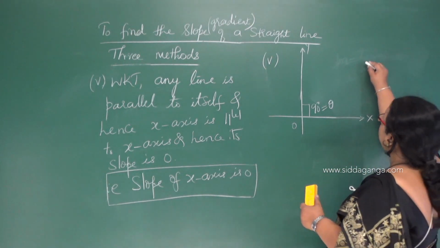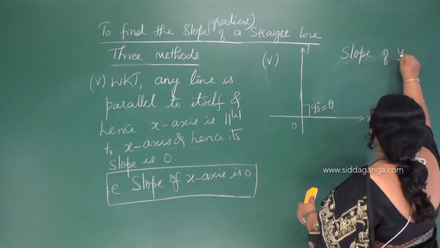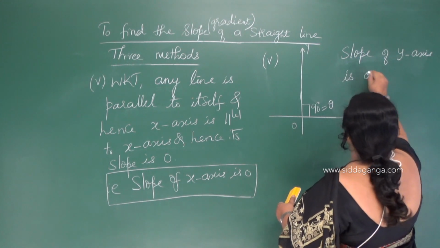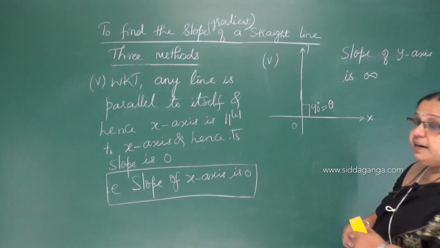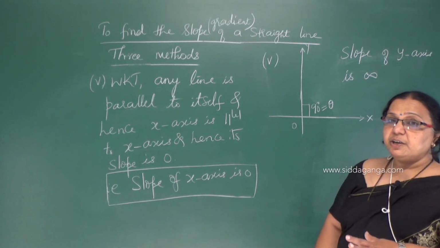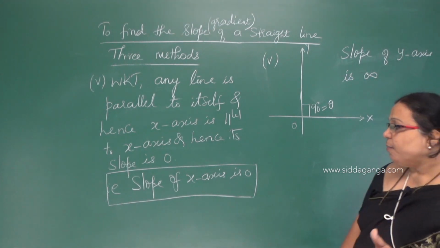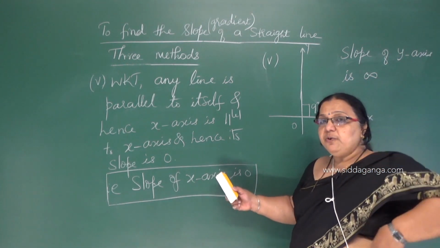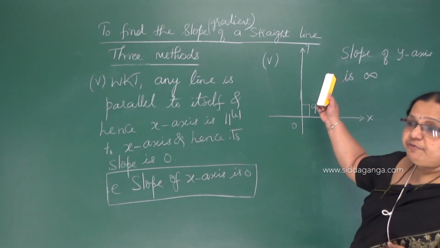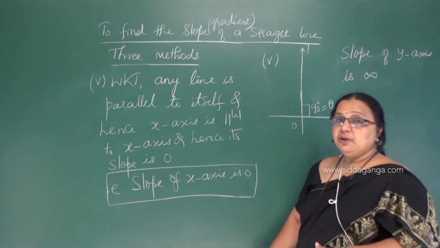So therefore slope of y-axis is not defined, means infinity. Tan 90 degree is nothing but infinity, which means not defined. Means here the slope of x-axis is 0 and slope of y-axis is not defined. That is the concept.